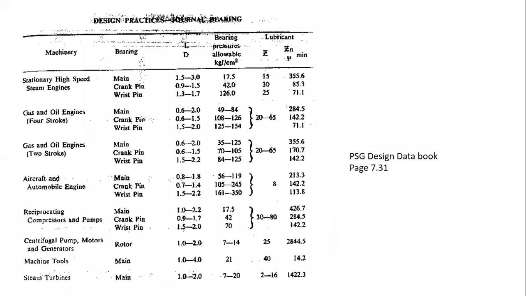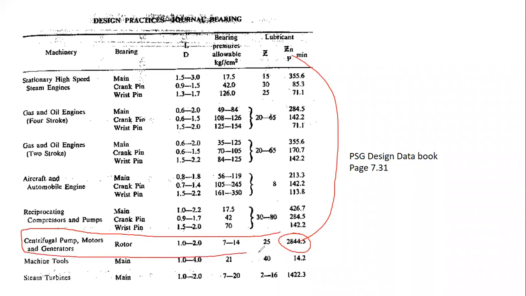Let me show you. It is here. This is our operating Zn by P value. 2844.5.